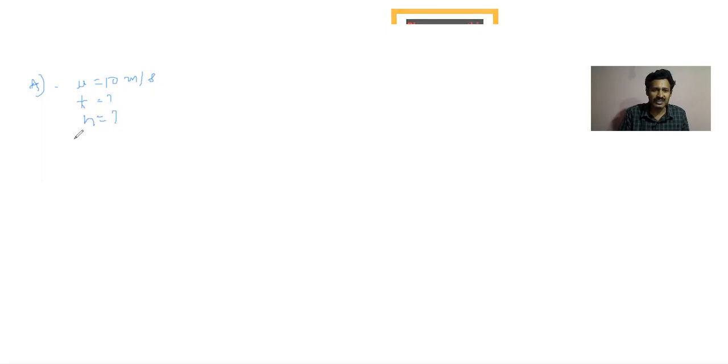These two questions were asked. So we have to first find the t value, the time value. The only data given is the initial velocity, 10 meters per second. Nothing else is given.